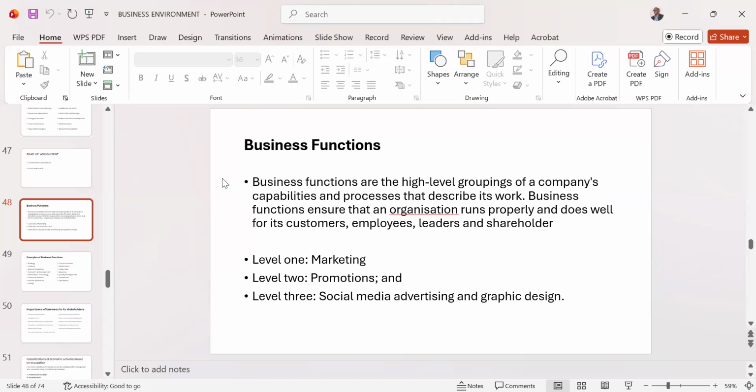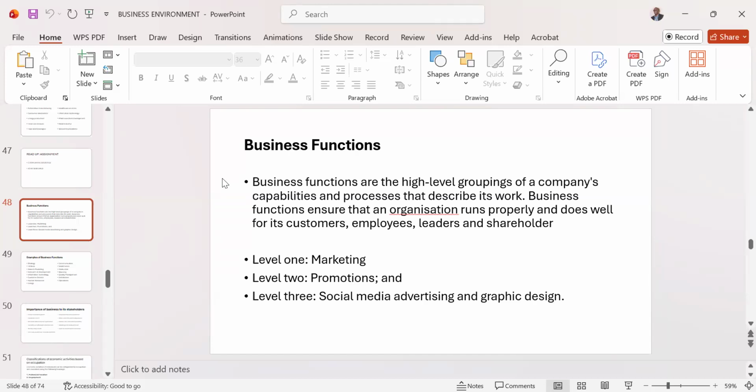Then we have a business card that we also issue out to our customers and to prospective customers.